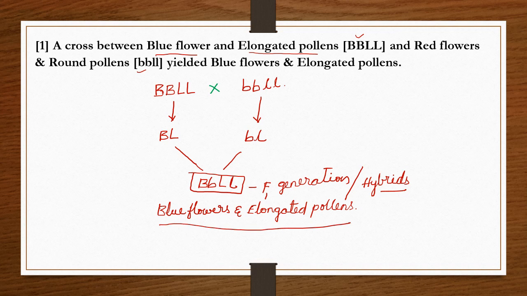That is the first result they got. So when they crossed the blue flower elongated pollen plants with the red flower round pollen plants, the F1 generation was all blue flowers and elongated pollens, and all the F1 plants are in heterozygous condition.